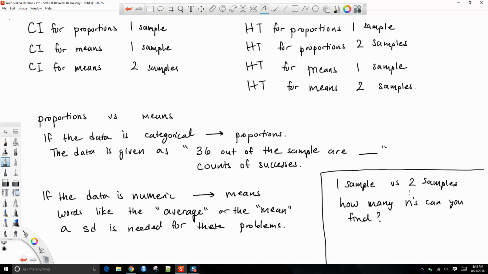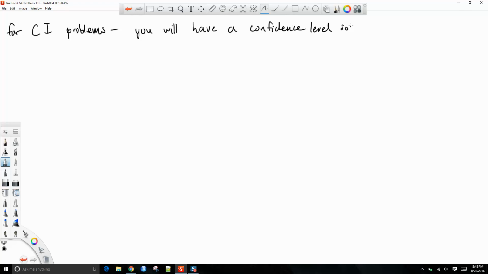Then, do you have confidence intervals or hypothesis tests? For confidence intervals, you're going to definitely see a confidence level somewhere in the problem, like 90% confidence or 95% confidence level.